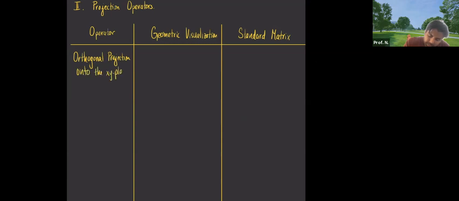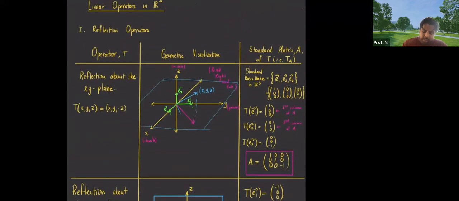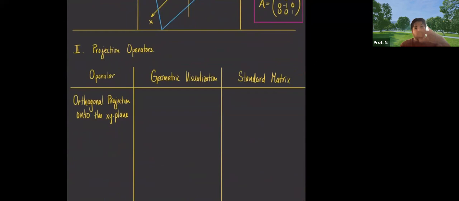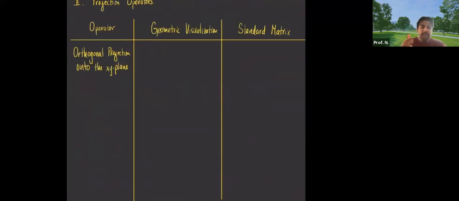So it's kind of similar to the reflections that we were doing. There we were reflecting through the three planes that we have, the XY plane, the XZ plane, and the YZ plane. And here we're projecting onto the XY plane.